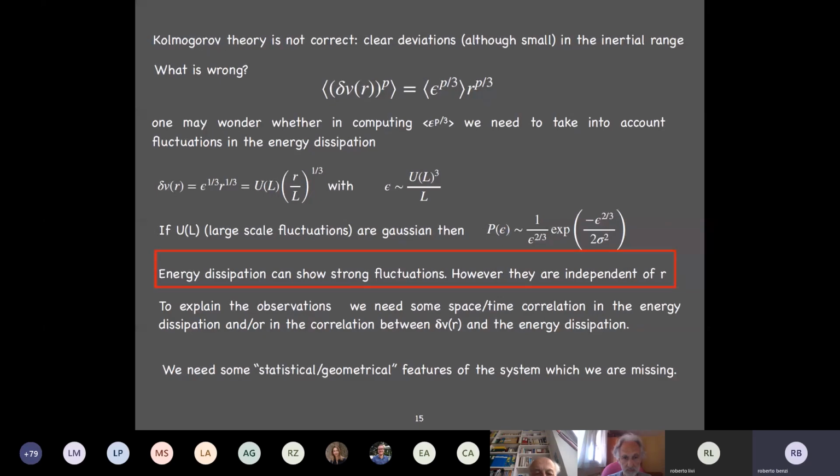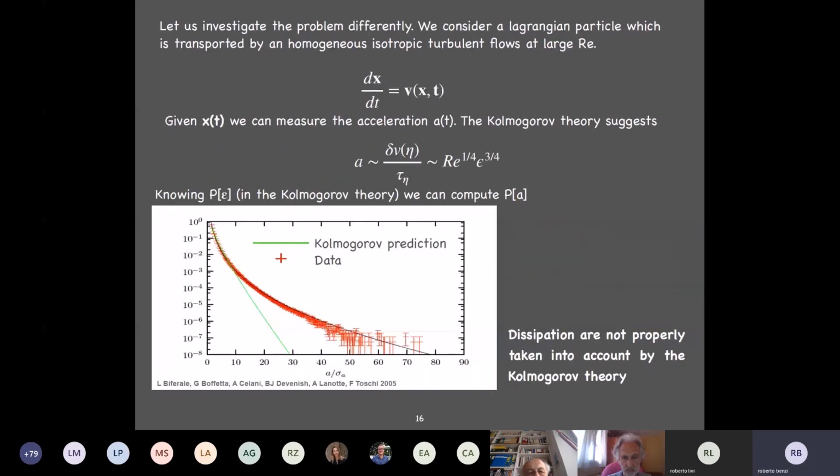In fact, we can try to understand this problem in a different way by looking, for instance, at the trajectory of a Lagrangian particle. Suppose that you put a particle in the system, and the particle has the same density as the fluid, so it's a perfect tracer, and the particle will be advected by some velocity field.